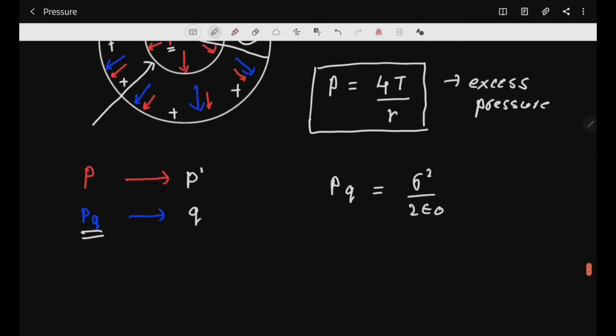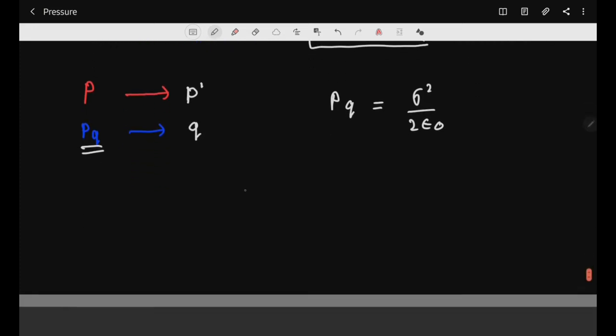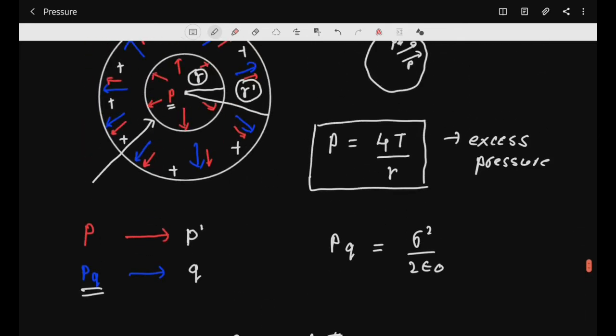Now for this new bubble, the increased size of the bubble, the net pressure will be 4t divided by r dash. This will be the net pressure on the new bubble. As you can see in the diagram, the new pressure is because of both the pressure due to the charges that we have given and the initial pressure that was there, which has now decreased.